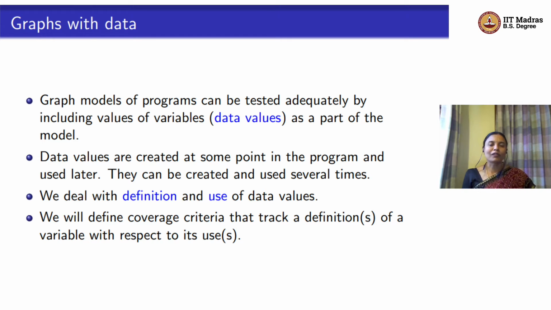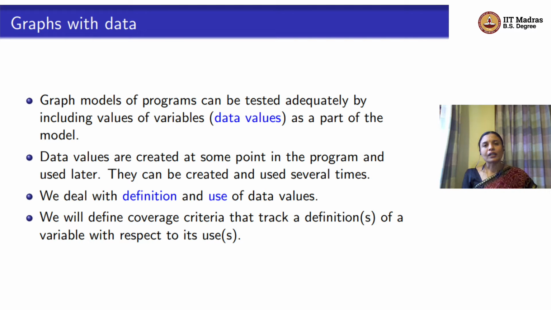Every procedure, function, every program has some set of variables. Those variables get defined somewhere, and then later there are statements in the program that use the values stored in these variables. So put together, these variables constitute the data, and the data flow will talk about the places where the variables are defined and the places where the variables are used.